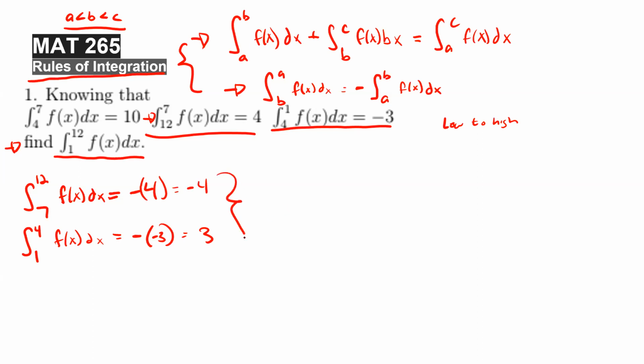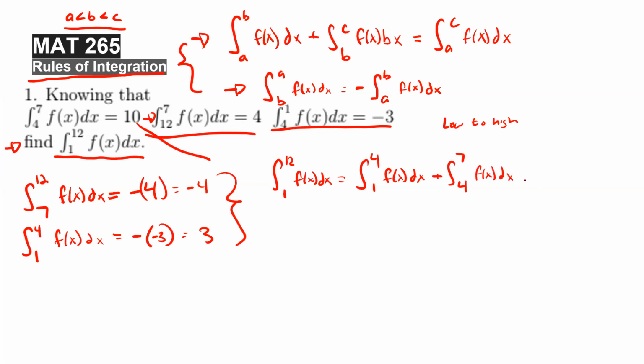So then, now we can use this one and the other one that we have to say that the integral from 1 to 12 of f of x dx is going to be the integral from 1 to 4 plus, and then just being a little lazy there, I can write out the notation, f of x dx, the integral from 4 to 7 of f of x dx plus the integral from 7 to 12 dx.